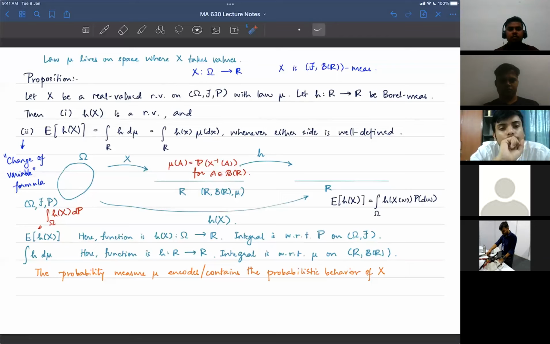What choice of h will give me the claim I made? Borel measurable, yes, h has to be Borel measurable, but what specific choice of h will give me the claim about moment generating functions? How am I applying this?